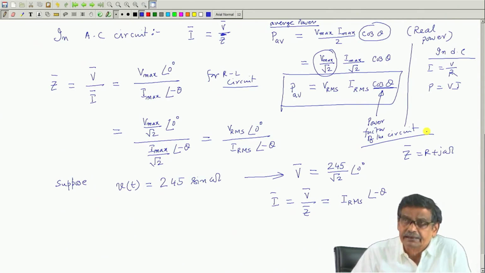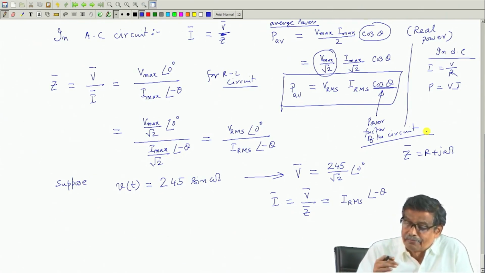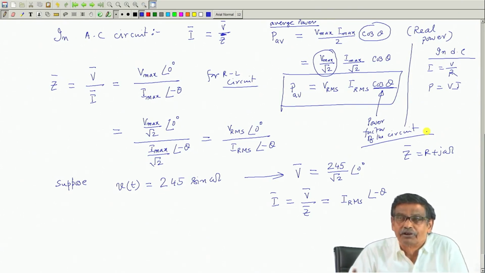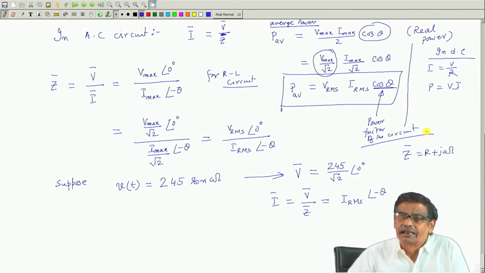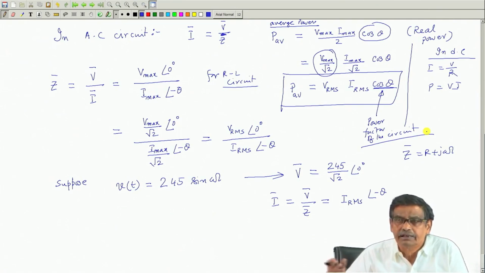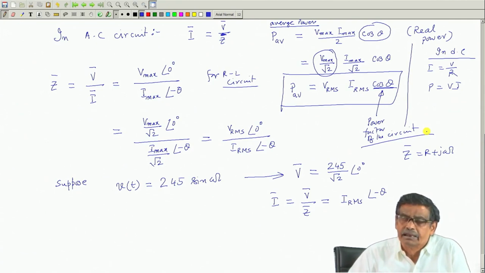Therefore, in a circuit with sinusoidally varying voltage and sinusoidally varying current, there will in general be some phase displacement between them. So, sometimes the instantaneous product of voltage and current will be positive, sometimes negative. If you are using some power in the circuit, there must be some average value.